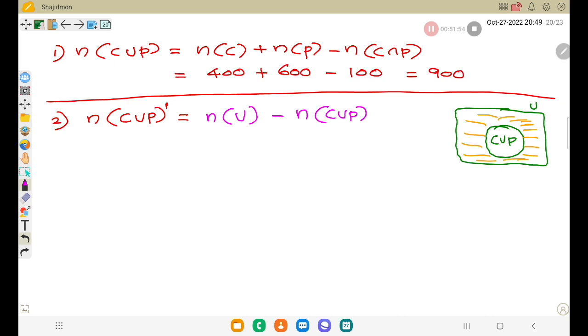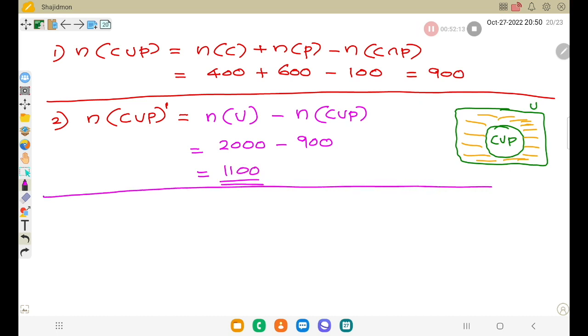Number of U minus number of C union P is 2000 minus 900, since in the first part we got 900. So 2000 minus 900 means 1100.